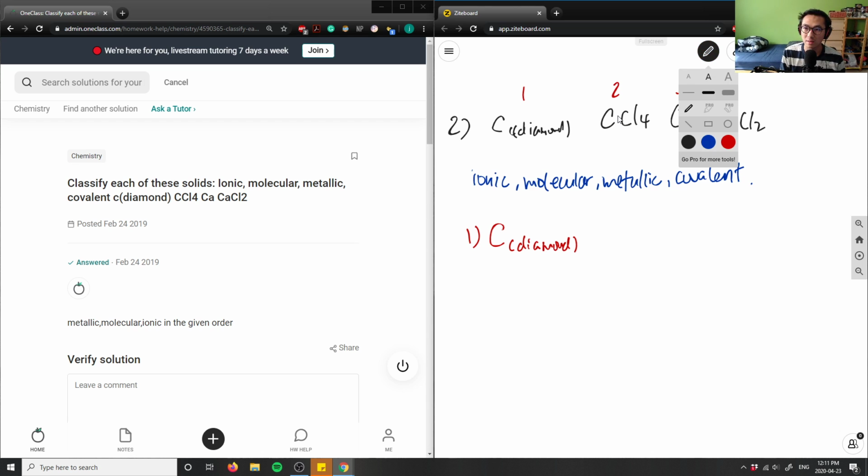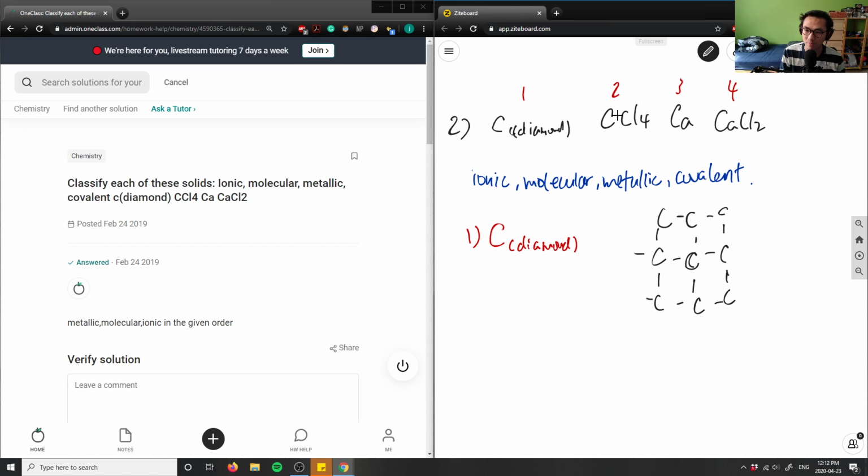As you can probably tell, carbon can make 4 bonds, and it's going to bond to another carbon which is going to make 4 bonds, and so on. So this makes a very rigid structure, right? Because these guys are very stable.